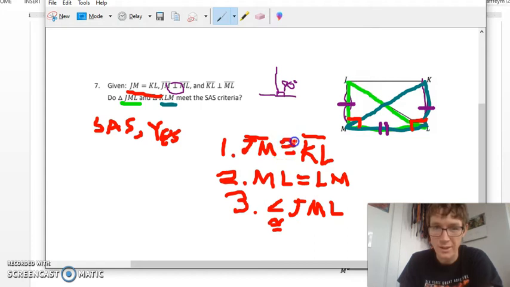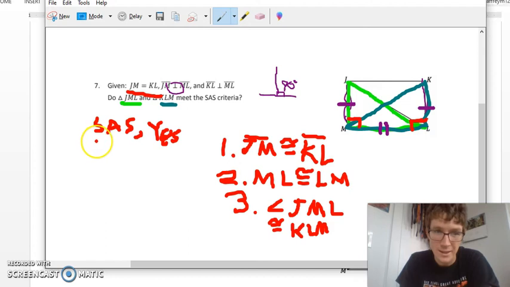You can also say that the sides are congruent themselves. I'll add a little squiggle on top. Essentially means the same thing. And that JML is the same as KLM. And this is what you have to do to fully answer that problem.